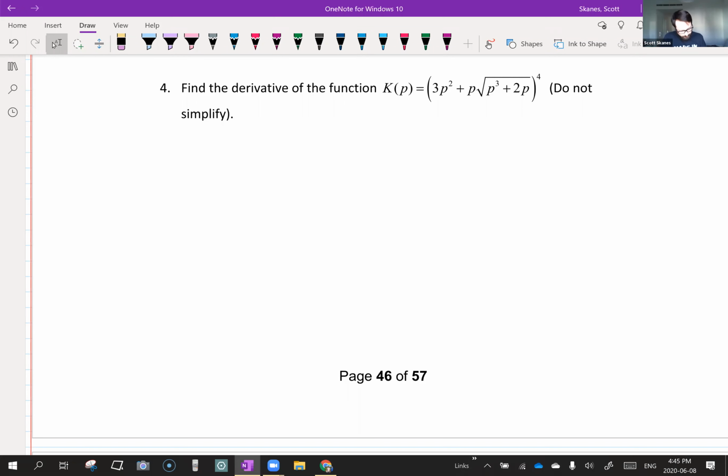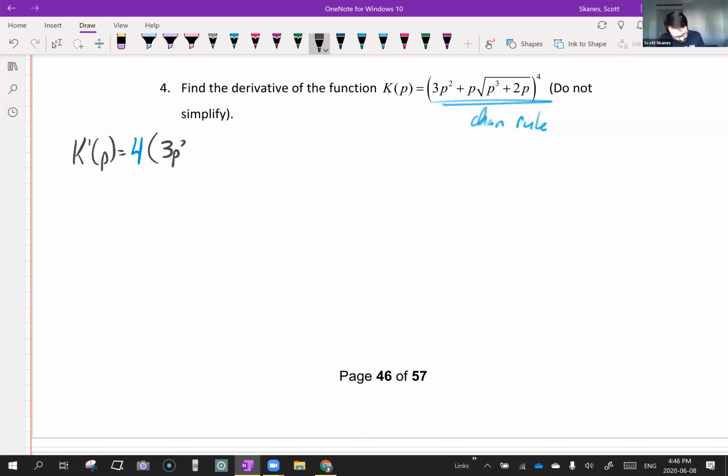I'll do it quickly. Right now, we can see that this is chain rule. I can see it's chain rule because I have a function inside the other. So let's do this. K of p. So just treat your p's like x's. So the first derivative of p is, bring the 4 down, keep the inside the same.